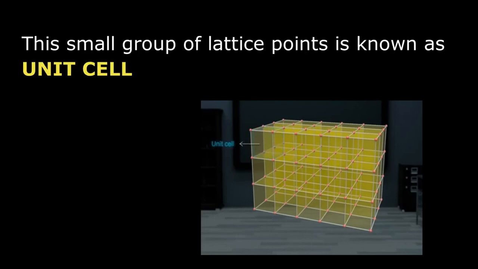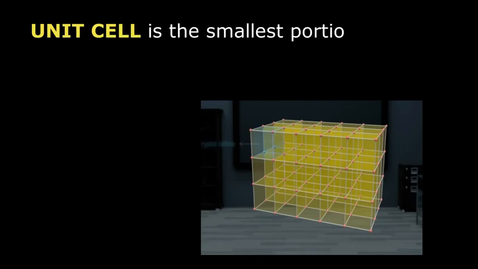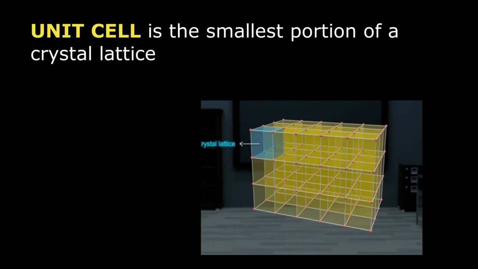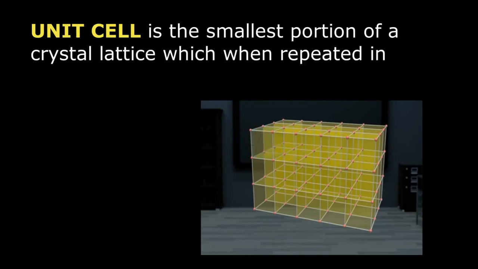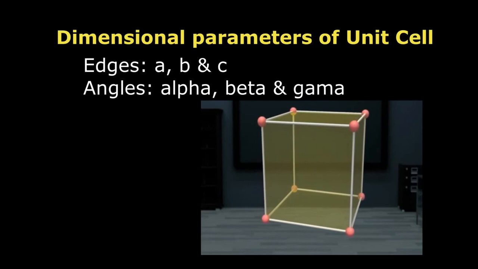Thus, unit cell is the smallest portion of a crystal lattice which, when repeated in different directions, will generate the entire lattice. A unit cell is represented by three edges A, B and C represented along X, Y and Z axis of a three-dimensional entity, and these edges may or may not be mutually perpendicular to each other.